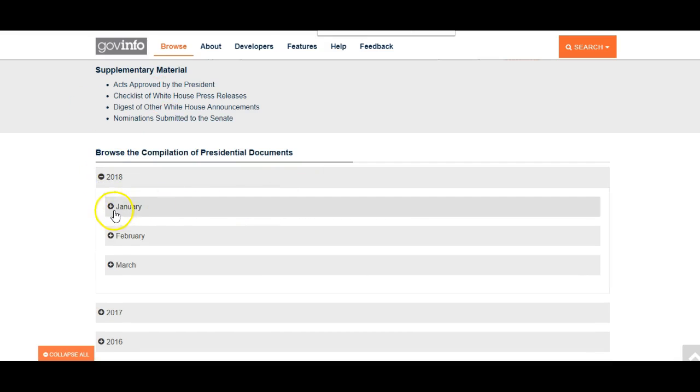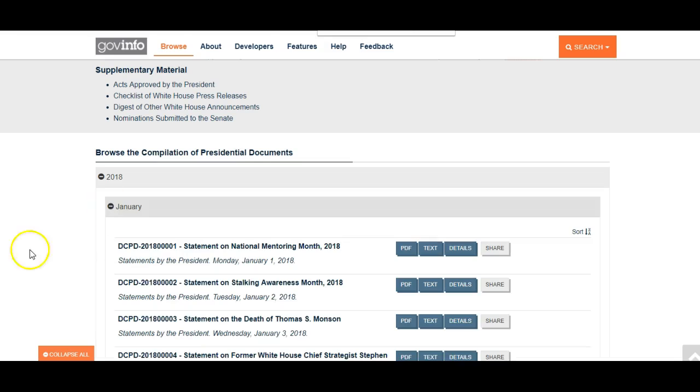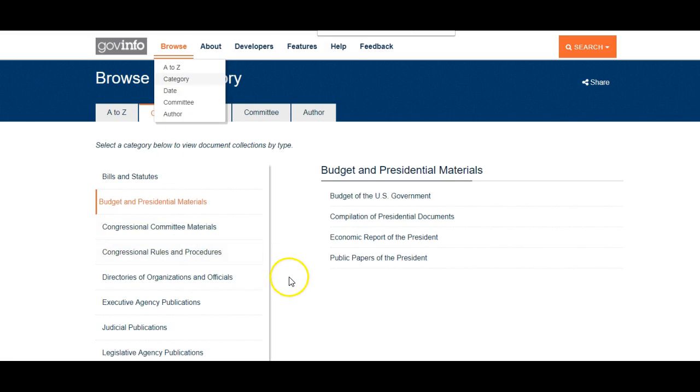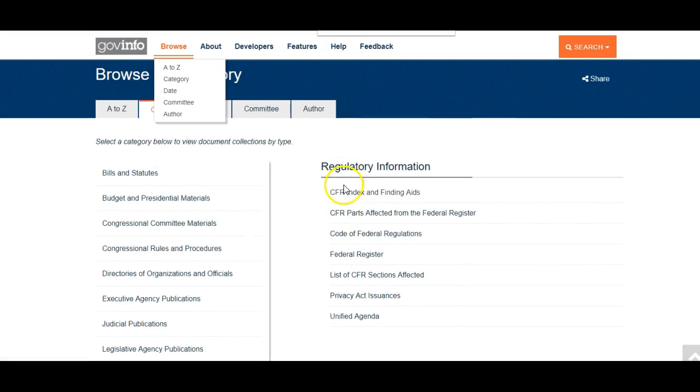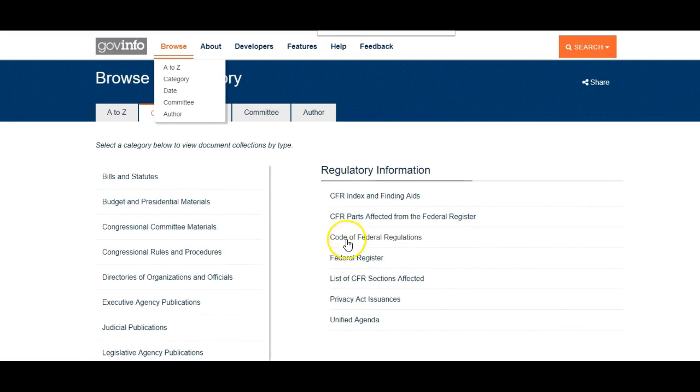And you will also find presidential materials in the Federal Register.